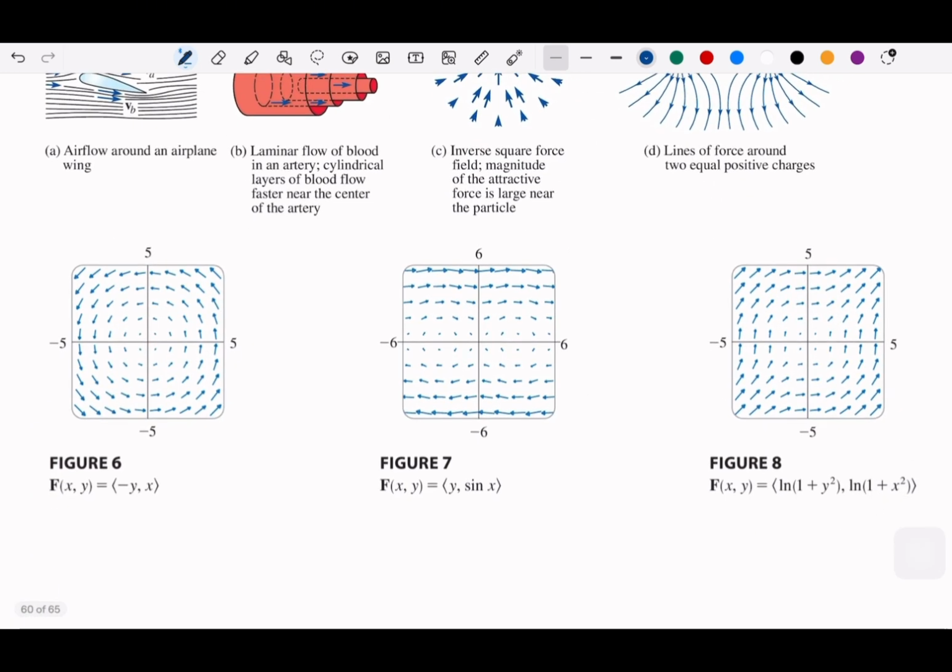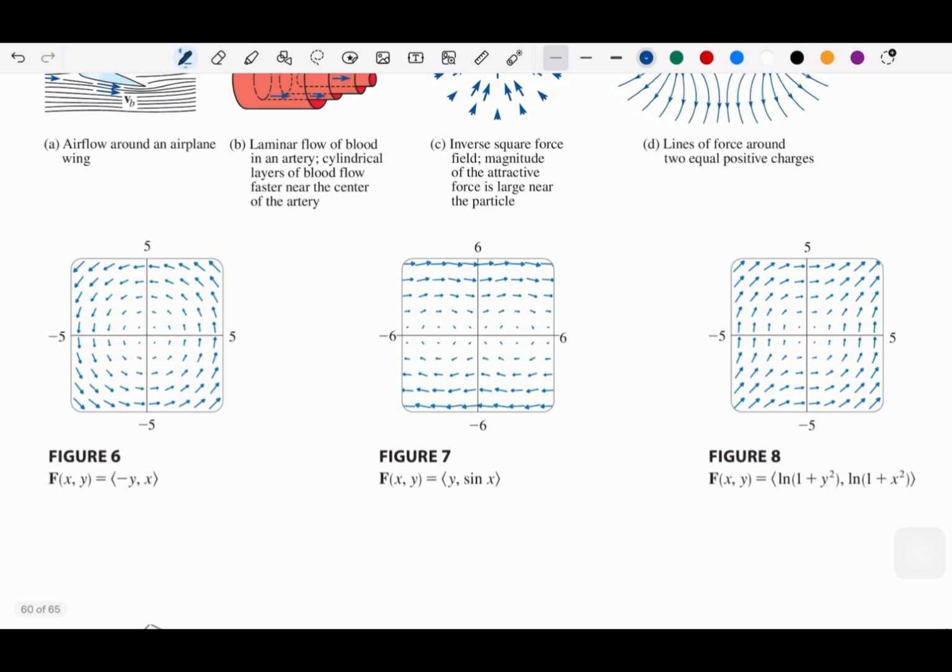And this is also an example that we can have some simple equations. For example, we have the negative y in the x-axis and x in the y-axis, which if we connect all the units, we can have these circulations.